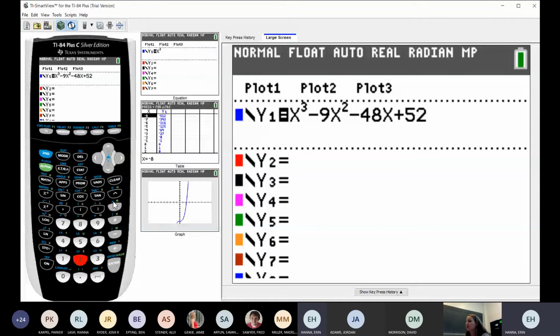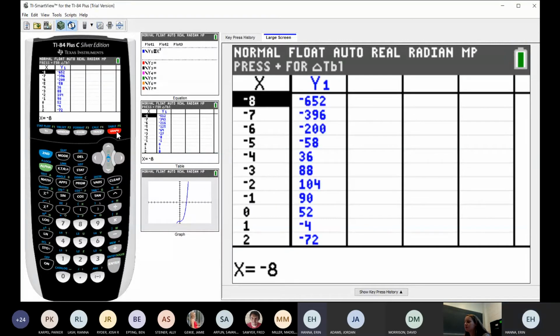And if you hit second and then the graph key, it brings you to a table, and you can find y values pretty quickly. Now, if you need to plug in something like 200, this isn't going to be good because you'd have to scroll all the way to 200. But for something like this, we can find it pretty easily.